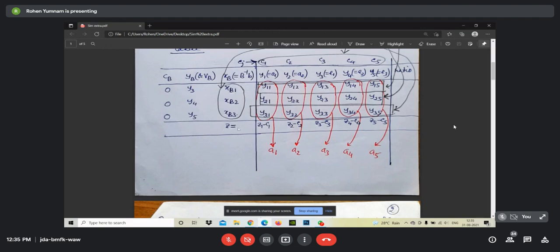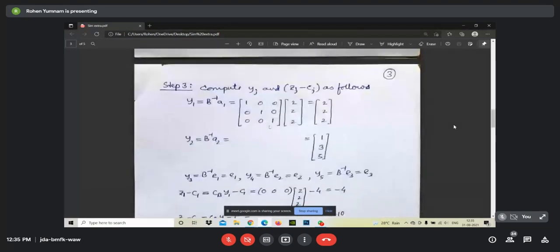The result will be Z. Similarly for Z1 minus C1, you multiply CB with Y1. Same thing, 0 into Y11, 0 into Y21, 0 into Y31, and subtract C1. C1 means this. That will give the value to be here. It will be explained here again.